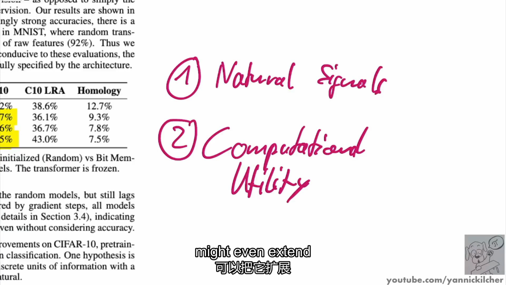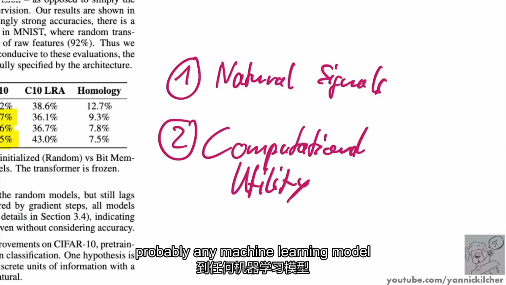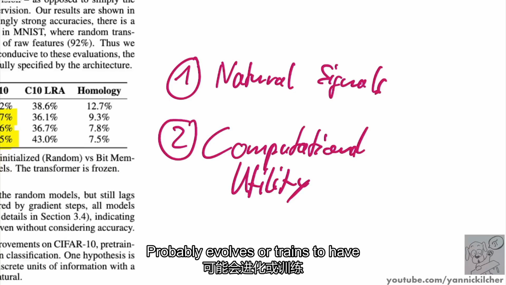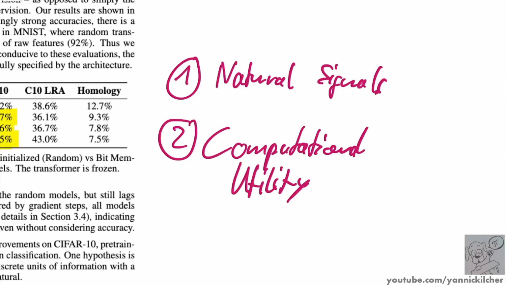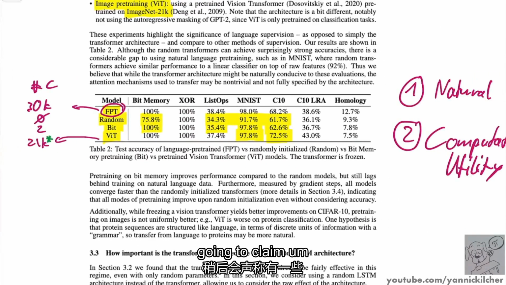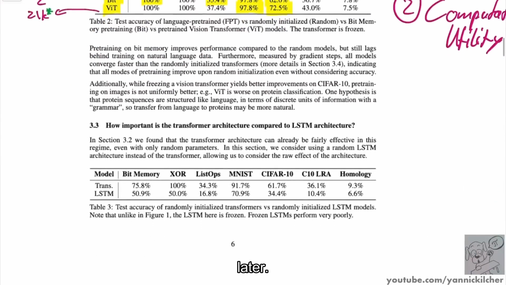And we might even extend that to probably any machine learning model, if we could scale it up and train it correctly. It probably evolves or trains to have these computational primitives inside of it, and that's why we can adjust it with just a little bit. Now they're going to claim there is something about language pre-training later.